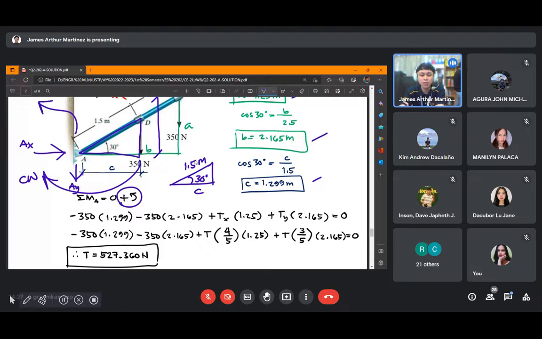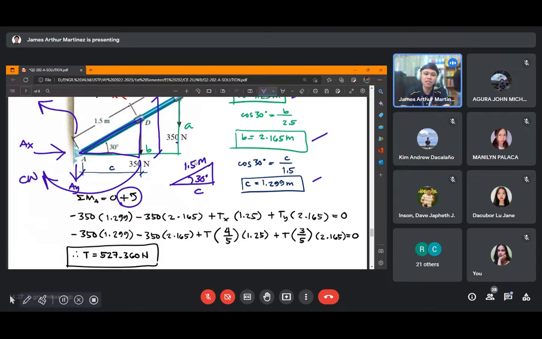And I assumed counterclockwise as positive. That's why it is negative there. Negative 350 times its moment arm, which is C, so 1.299.